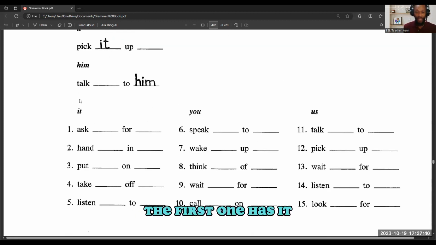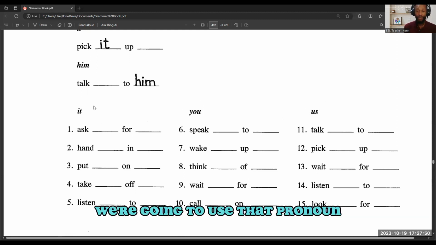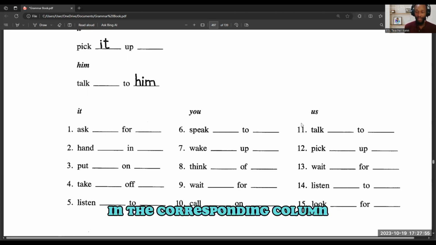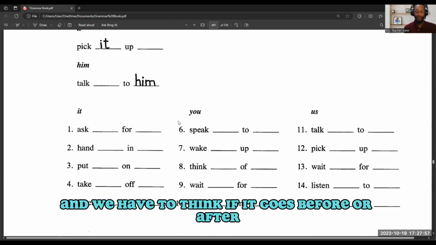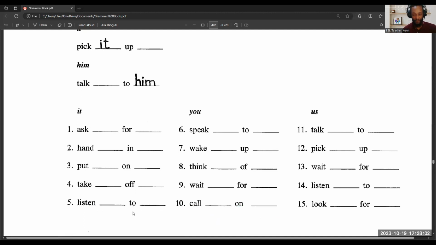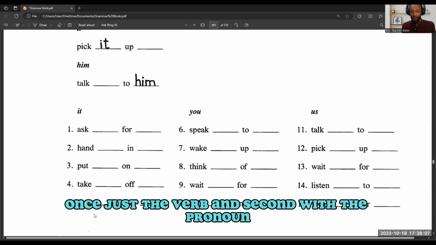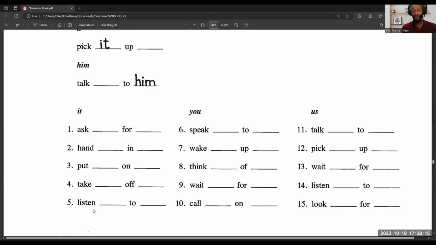The first one has it, the second one has you, and the third one has us. We're going to use that pronoun in the corresponding column, and we have to think if it goes before or after the expression. Number 1, and again, I will say it twice: once just the verb, and second with the pronoun. Go ahead and repeat after me.